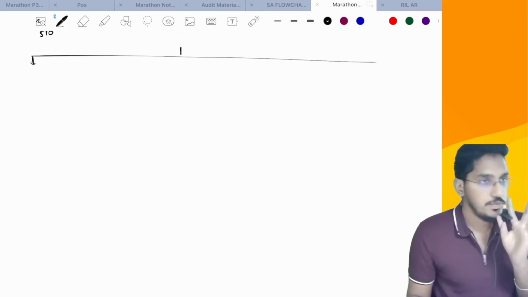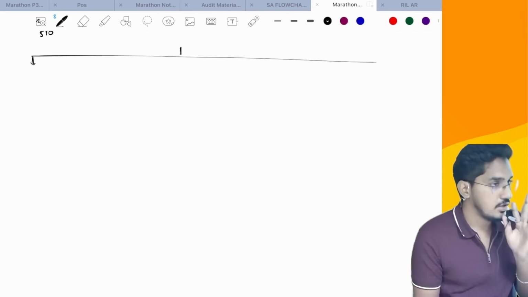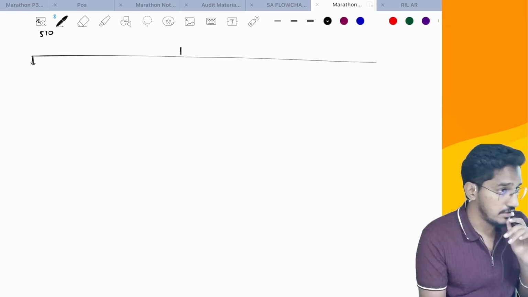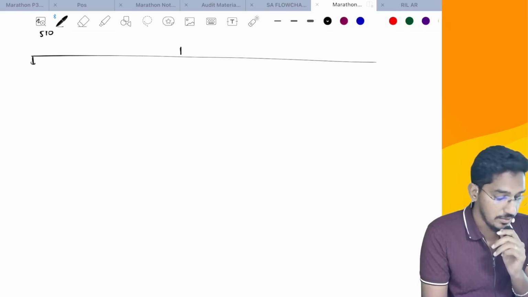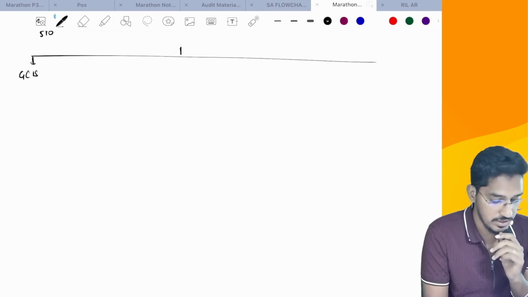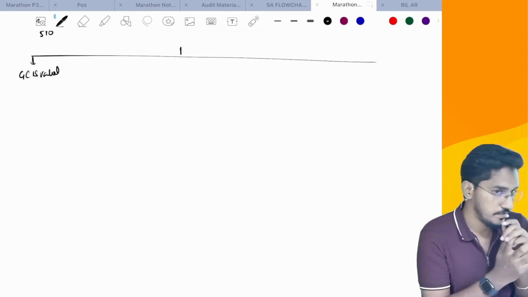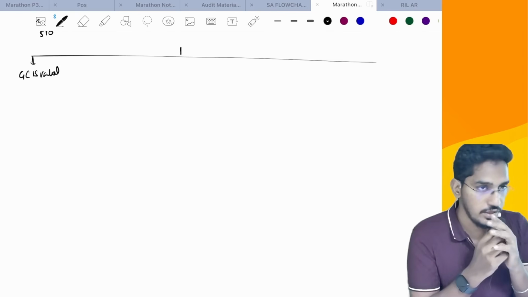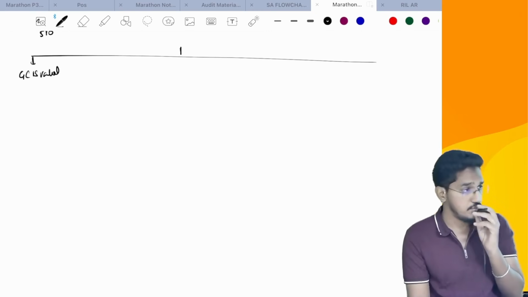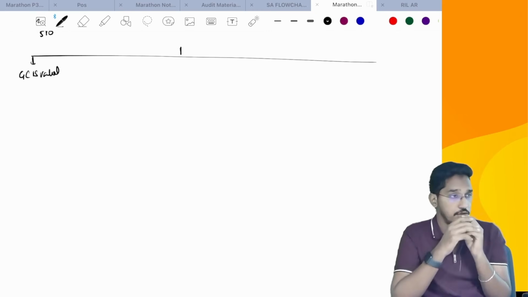Number one, you performed audit procedures, you obtained audit evidence, and you have concluded that the going concern assumption, whatever management has decided, is appropriate. Or let me put it this way, going concern assumption is valid. The entity will continue for the foreseeable future. There is no doubt, no intention, and no requirement to close down the business. The entity will definitely continue for the coming 1 year.